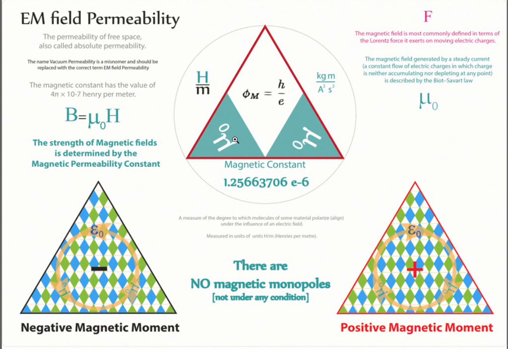You could, of course, interpret this as a 2 pi equilateral geometry that is distinct from the diamond 2 pi geometry. They're both 2 pi geometries, but they have distinctly different geometries, giving us the properties of permittivity and permeability.